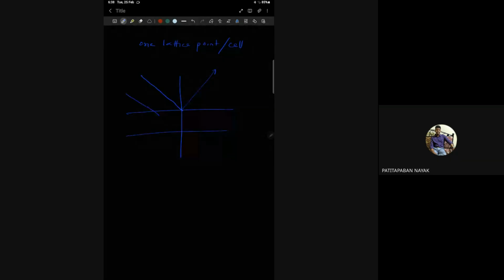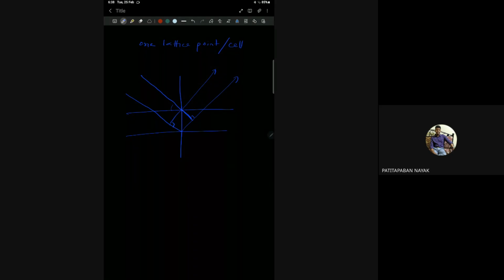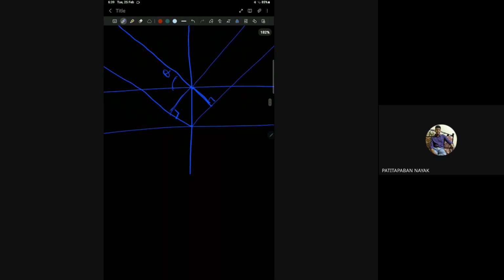Another parallel ray is coming like this and is reflected. If I drop a normal over here and also over here, if this angle is theta, this total angle is 90 degrees, so this part would be 90 minus theta. Then this part would be theta, because this angle is 90 degrees. So this is theta and this angle is also theta.